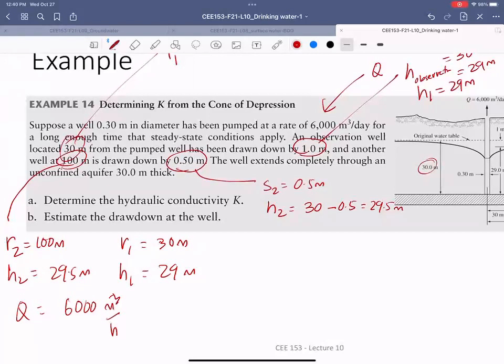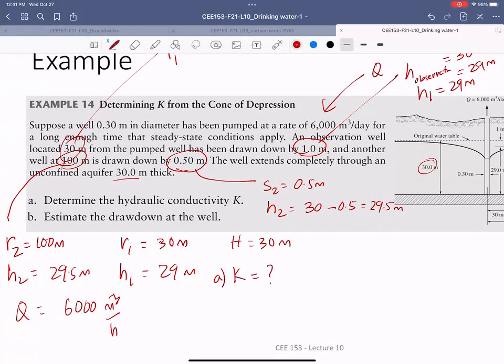And it says the well extends completely through an unconfined aquifer of 30 meters thick. That's the original height, the H. Before pumping, that's what the head was. So determine the hydraulic conductivity. All I ask is what the K value is.